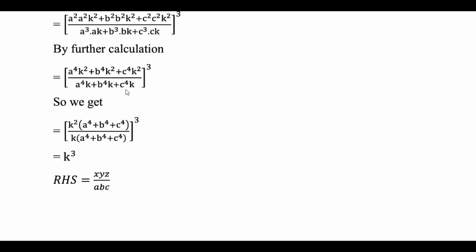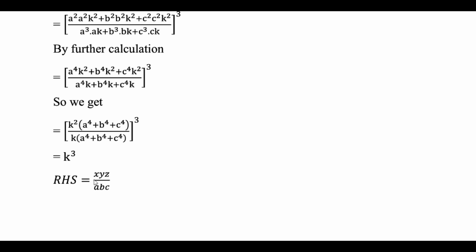After a little bit of calculation, you will get k square into a to the power 4, b to the power 4, c to the power 4, and here also one k. So a to the power 4 b to the power 4 c to the power 4 will be struck out, and k square over k cube leaves one k, so k.